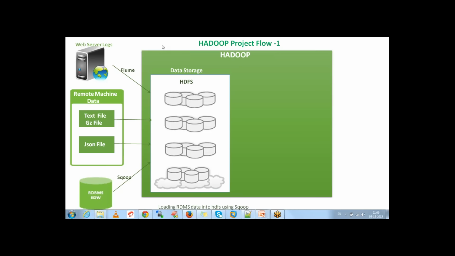These are the different sources we use in real time. If anyone asks, we can mention any one of these, based on your project and the kind of data that is suitable for the client. So this is the initial step: how we can load the data from different sources.